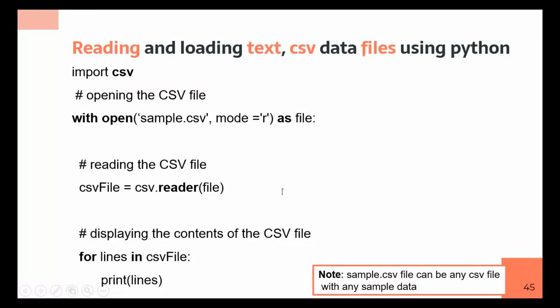Let's see a small example here. We import the csv module, then open the CSV file with open, the file name, and the mode in which you want to open it, as file. Here as is a keyword, and file, or file descriptor, or file object, can be any name.